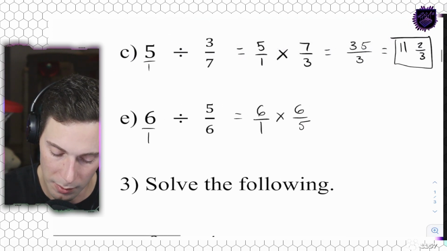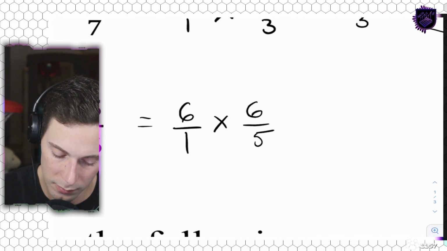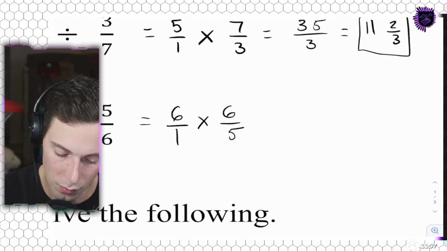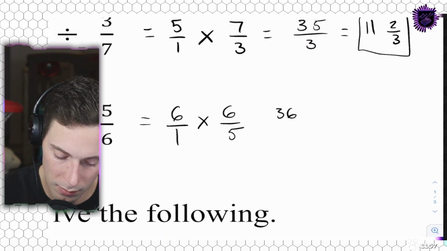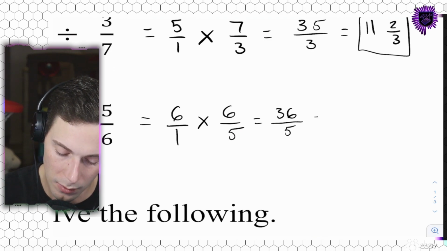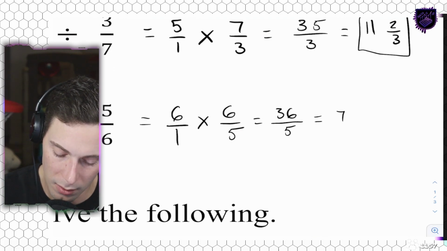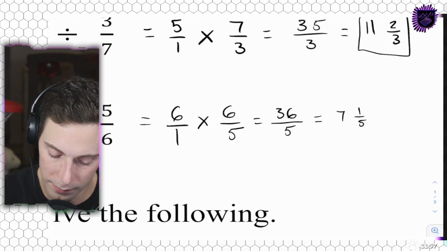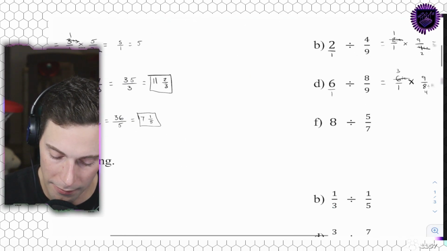There is no simplifying there. We're going to go 36 over 5, which is equal to 7 and 1/5. Final answer.